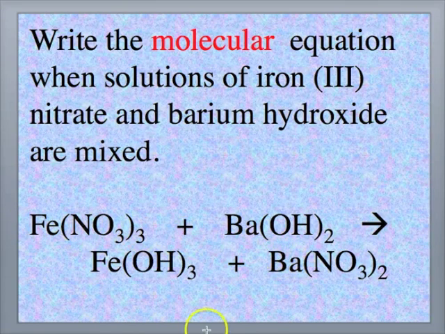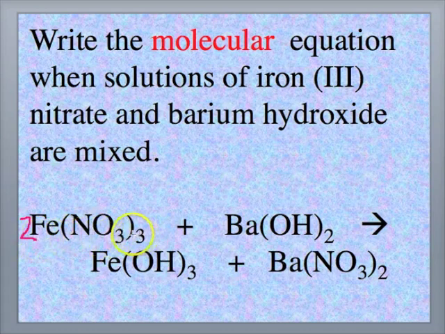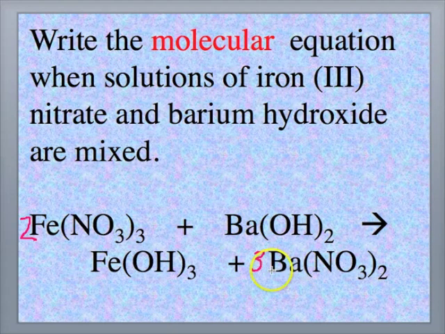So if we put a 2 right here, that will give us 6 nitrate. 2 times 3 is 6 nitrate. And if I go over here and put a 3 in front of this barium nitrate, then I will have 6 nitrate again. 3 times 2 is 6 nitrate.